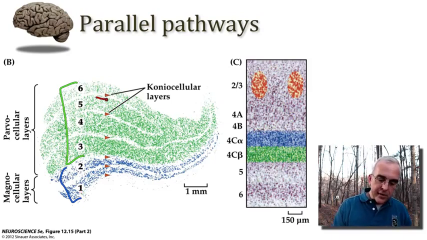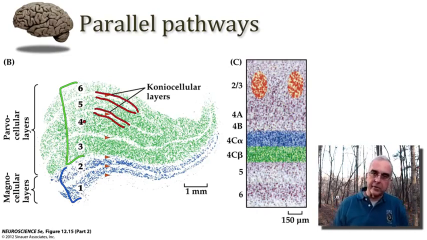So there's a region between each of these layers that we call the coniocellular layers. It's a region where there's a band of white matter or lamina of white matter between these cell-dense layers that have the numbers. So the K cells terminate in those spaces.